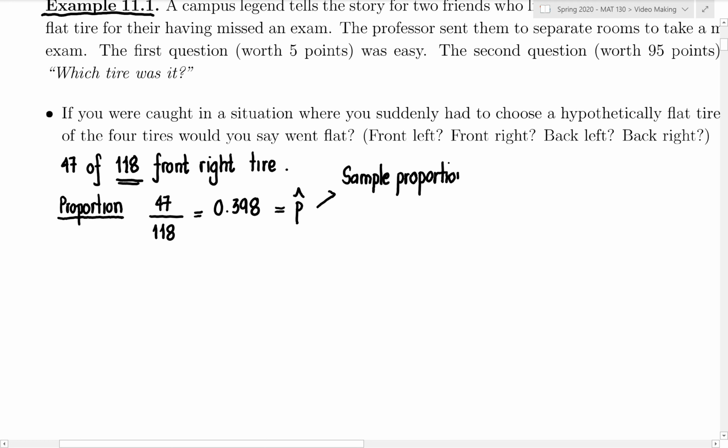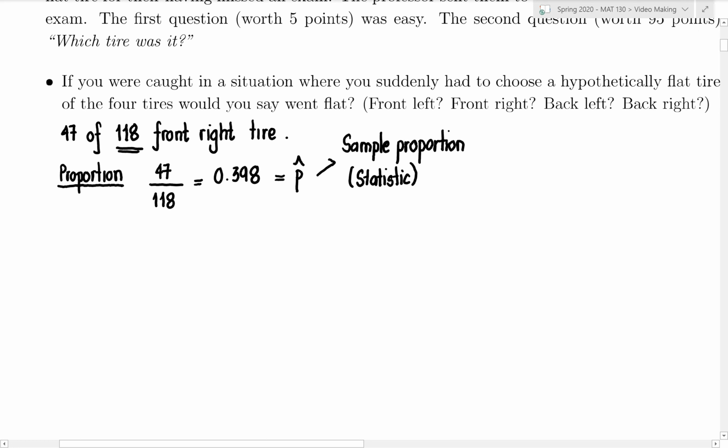Since it is a sample proportion, this is a statistic because it's coming from a sample. The notation we are going to be using for the population proportion will be lowercase p.